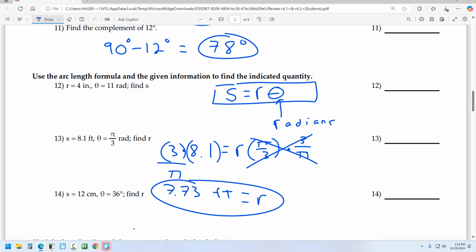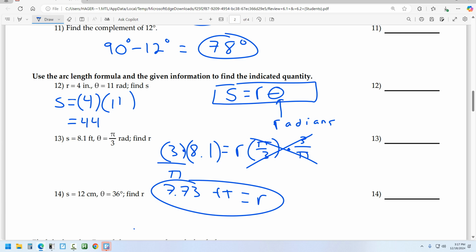Okay. So we're doing s equals. What's the radius in this one? 4. And next to it, we fill in theta, which in this case is 11. So that gives me an arc length of how much? We're just multiplying this together. What's 4 times 11 give us? 44.